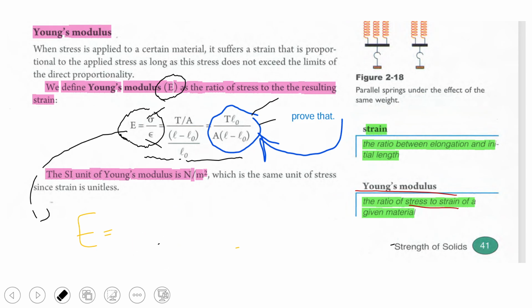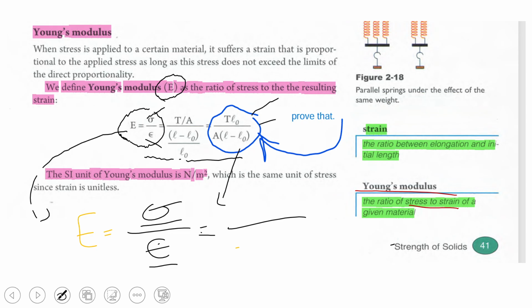Young modulus equals stress over strain, so it is the relation between stress and strain. What is the unit of Young modulus? To know the unit of Young modulus, we can get the benefit from the last rule.